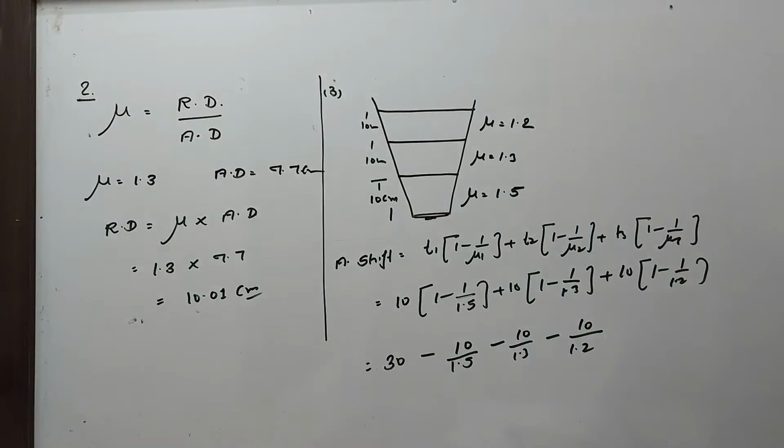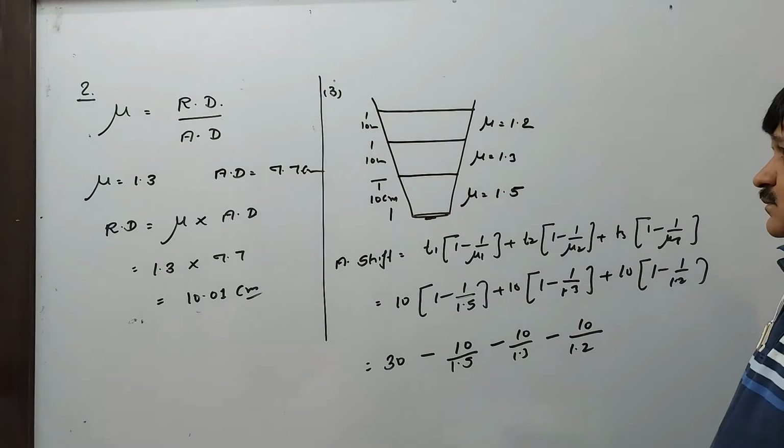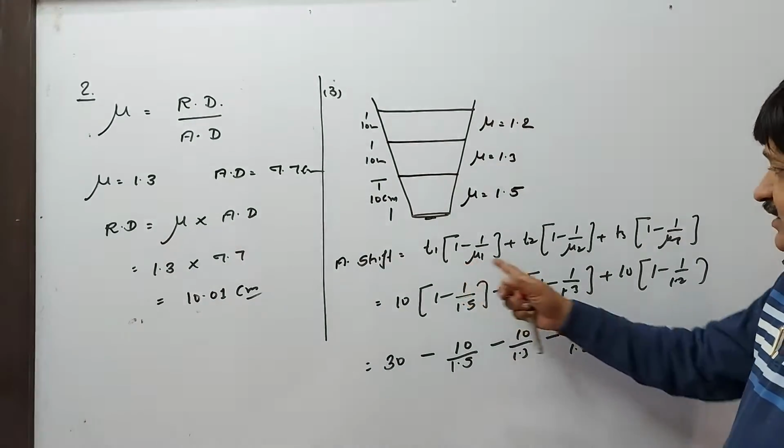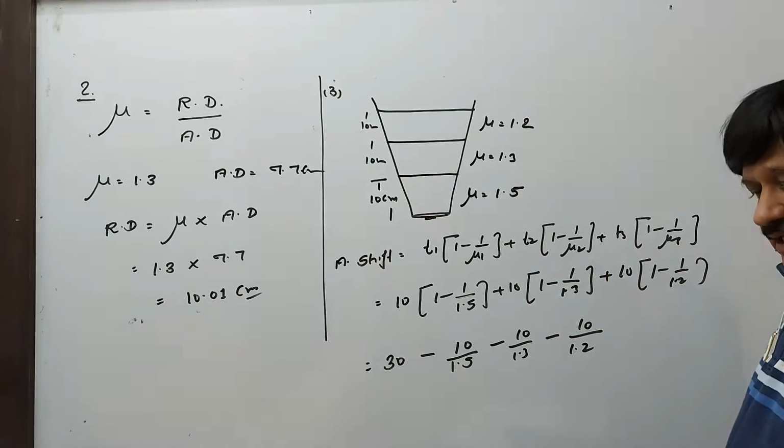Apparent shift of object if you have three different liquids. ये जनरल फॉर्मूला है, कितना शिफ्ट होगा उस शिफ्ट के लिए हमें इस तरह से कैलकुलेट करना पड़ता है.